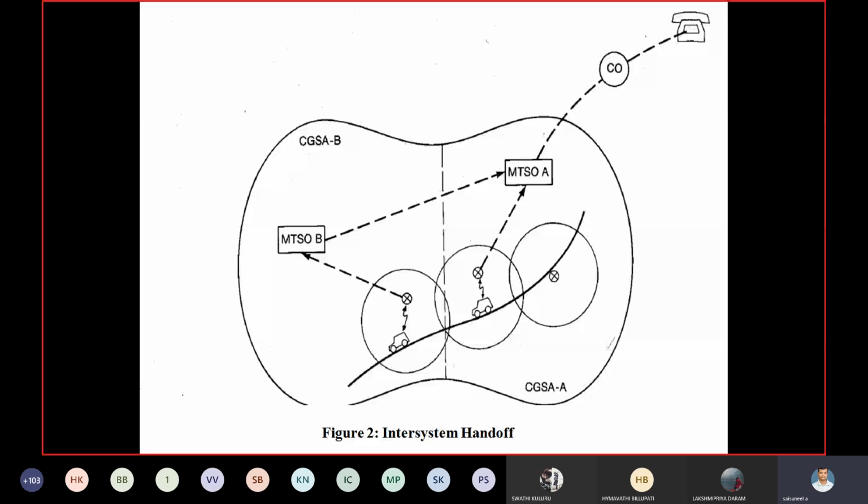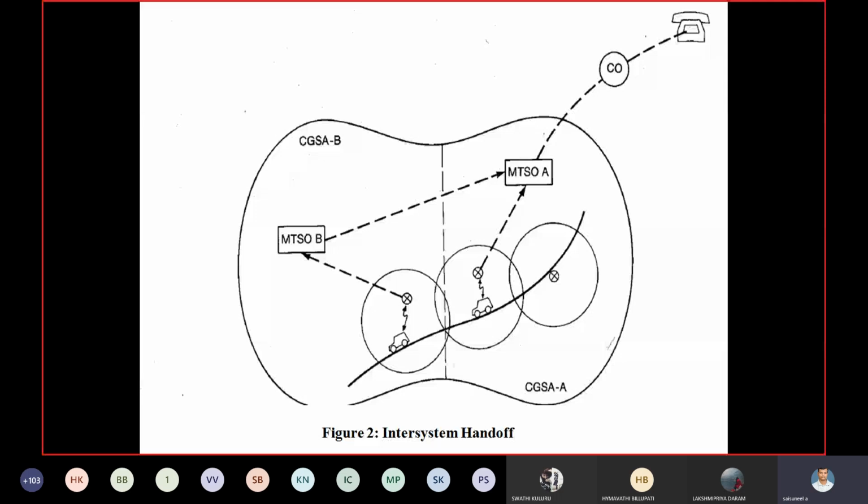Here, this is the national highway. The customer can move along this national highway. Whenever the mobile unit moves from this cell site to this cell site, the handoff takes place at this point. At that time, this is not MTSO A only, but the border of two systems.